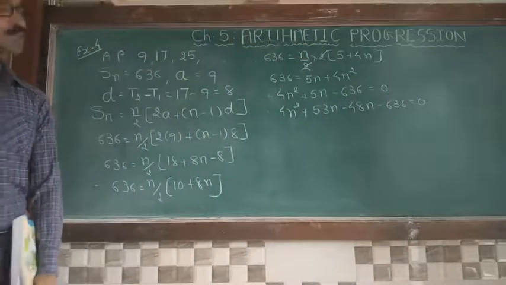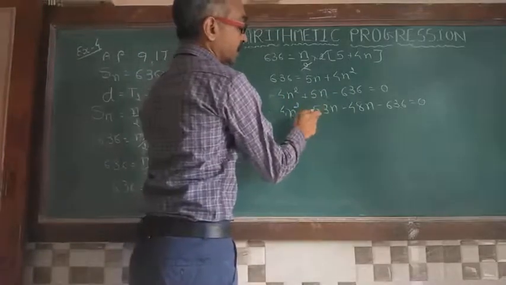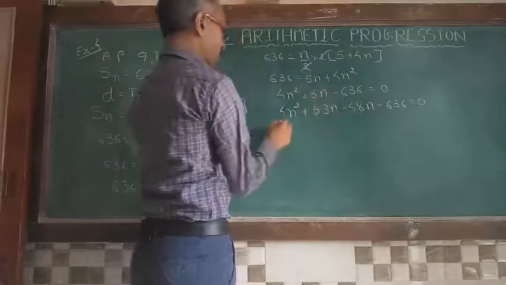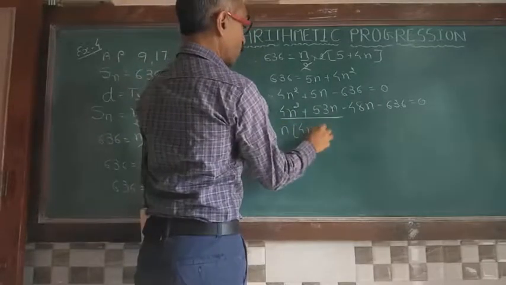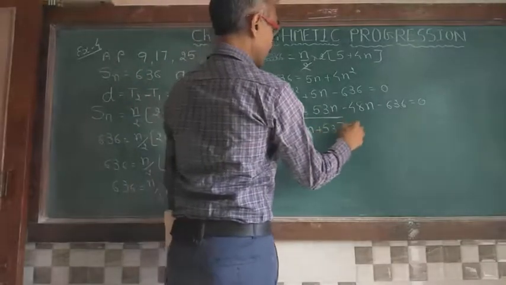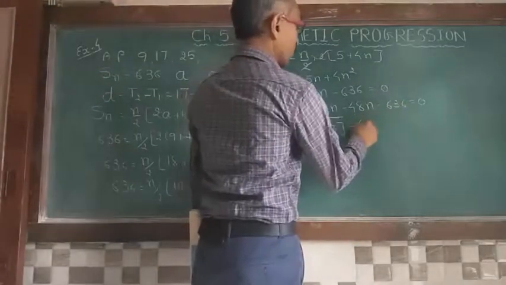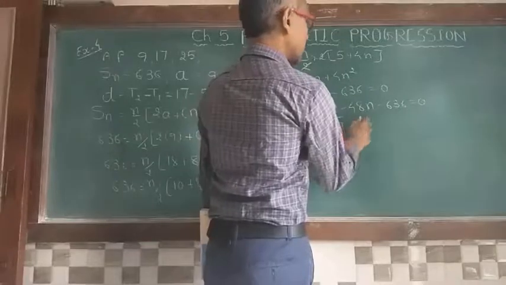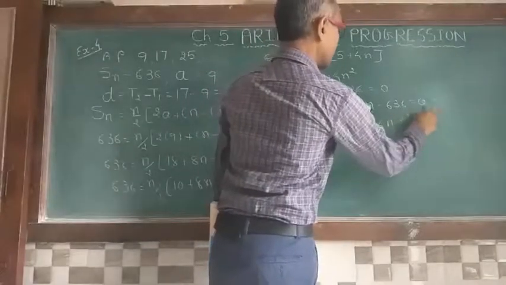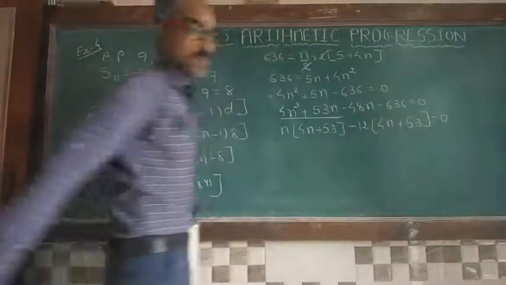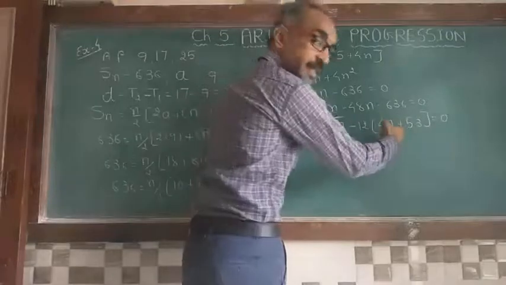These are the factors for 636 into 4. So we can get 5, 53 minus 48, that is 5. Common out n here, so remaining is 4n plus 53, minus here common out is 12, that means (4n plus 53) is equal to 0, because here minus is common out, so here it is plus.